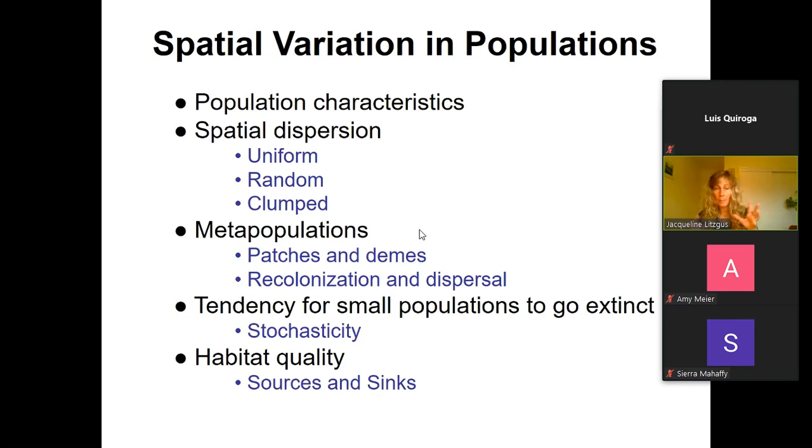And then that makes them more susceptible to going extinct. And we can have these things called extinction vortexes, which is a spiraling down of population size due to environmental stochasticity mixed with inbreeding that just leads to smaller and smaller populations in this feedback loop, right? This positive feedback loop into extinction.